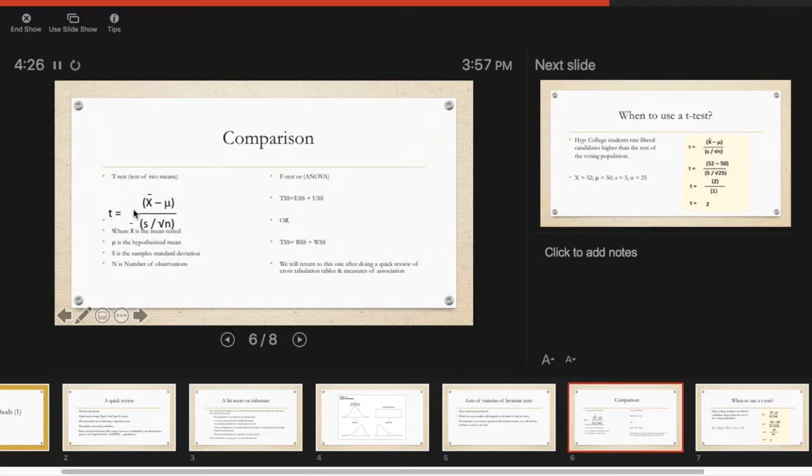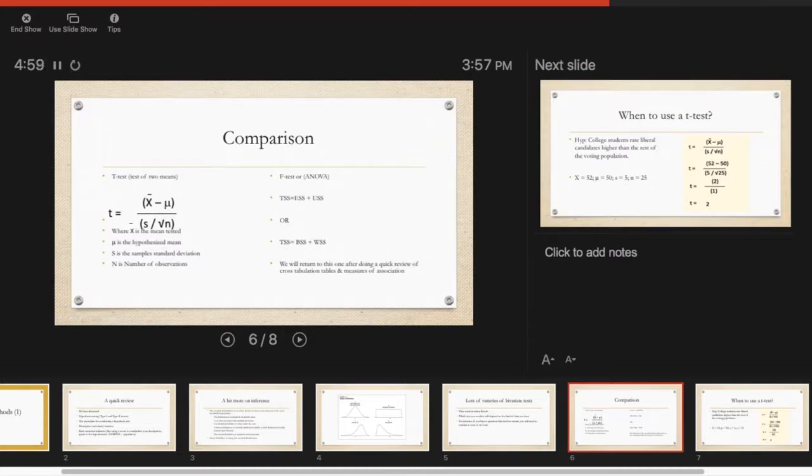A t-test has you conduct a comparison between a specific mean, that's that x bar that you see there, the mean that is being tested, which is compared to a hypothesized mean, which is that mu value. So your mean that you're testing minus the hypothesized mean over the standard deviation, which is also over the square root of n, which, as you always remember, n is the number of observations.